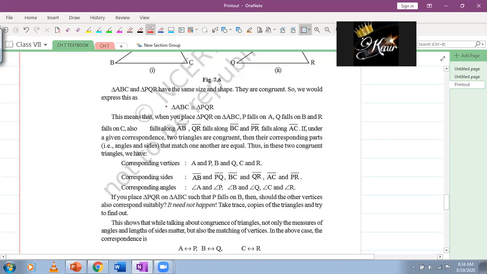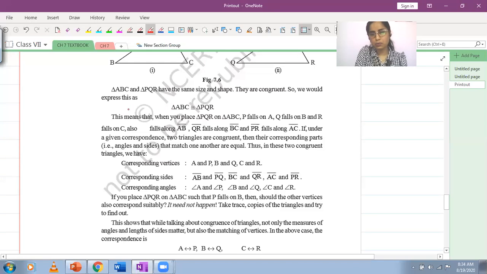Okay. So now the important things we want to remember about the congruence of triangles. First one is the sign for congruence. There is an equality sign, the equal to sign, and we put a wave kind of symbol on it. This is the symbol for congruence.